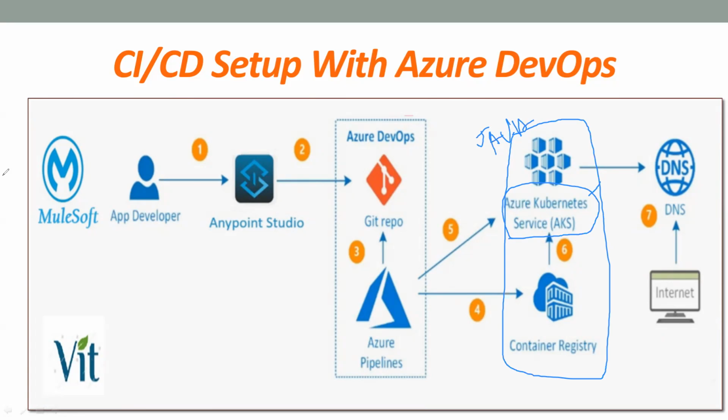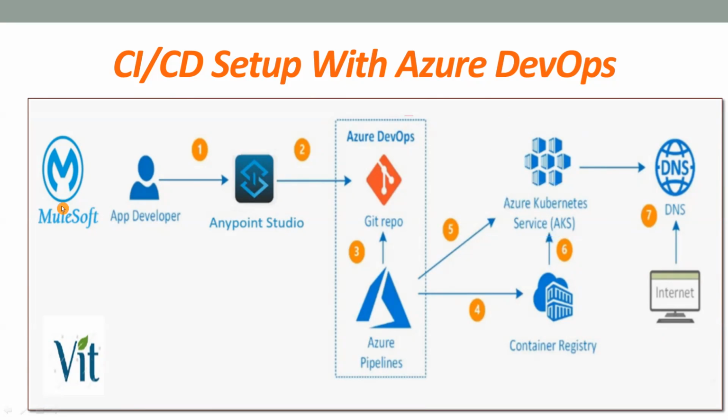Now in this place, instead of AKS and container registry, CloudHub will come. In our use case, CloudHub. So we are not going to deploy the services into AKS.